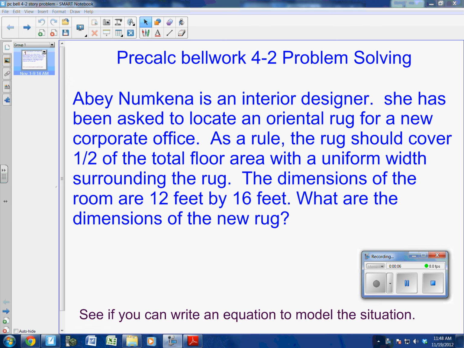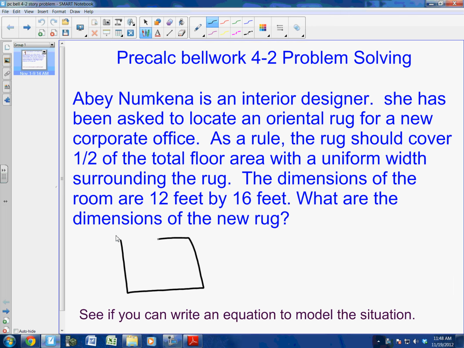What does it mean, uniform width, you guys? Yeah, it means the same all the way around. That means the distance away from the wall is going to be the same all the way around. If you draw a picture of a room, let's say this is the room. Then here's the rug.